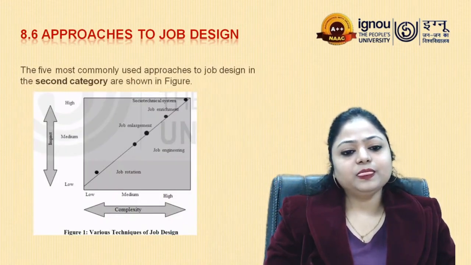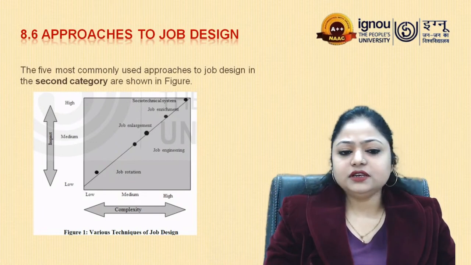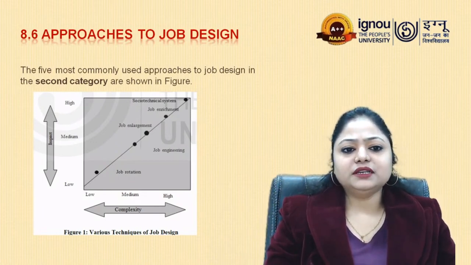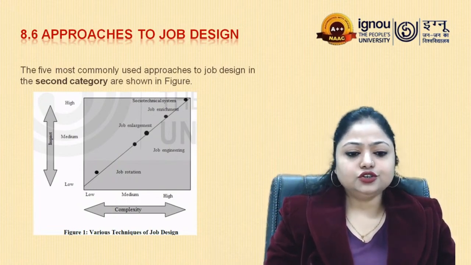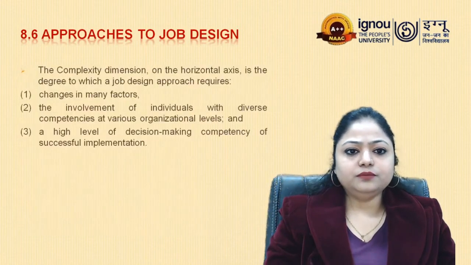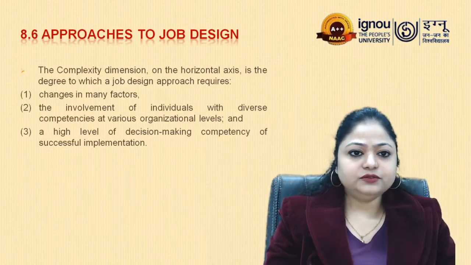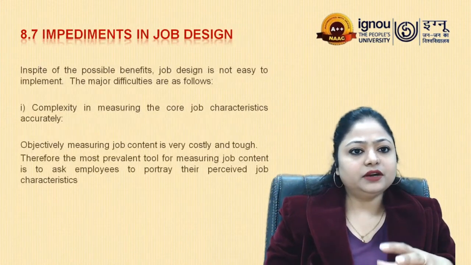As we can see, if the complexity is low, then there is job rotation, job engineering, job enlargement, then job enrichment, and then socio-technical systems are there to provide job complexity as well as job enrichment, taking the second approach into consideration while designing a particular job.